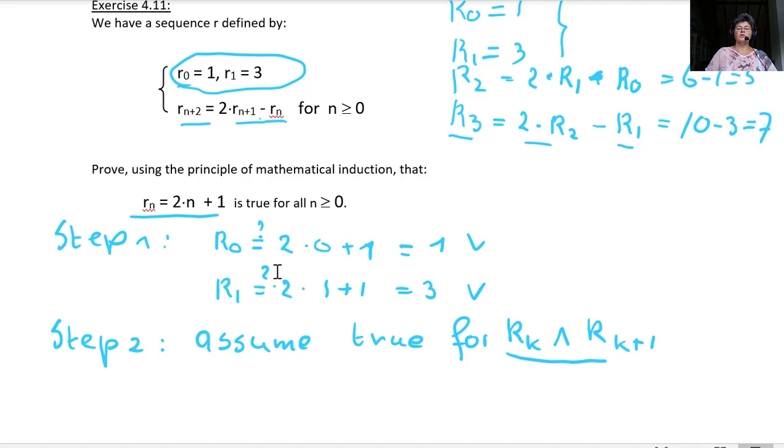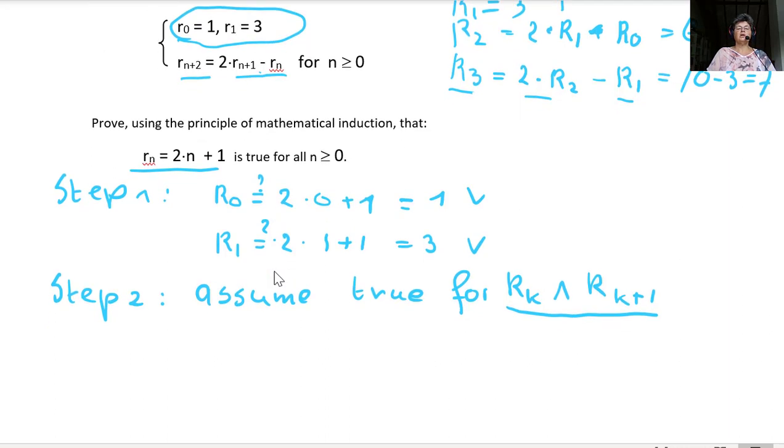So now we have 2 elements for which we have to assume it's true, and then we need to prove that now indeed Rk plus 2 will fall as well. And so R0 and R1 is true, okay, R2 will fall. 1 and 2 is true, okay, 3 will fall. Exactly. So the idea of the basic truth finding is exactly the same, but only with 2 base values and 2 assumptions. So let's make the assumption.